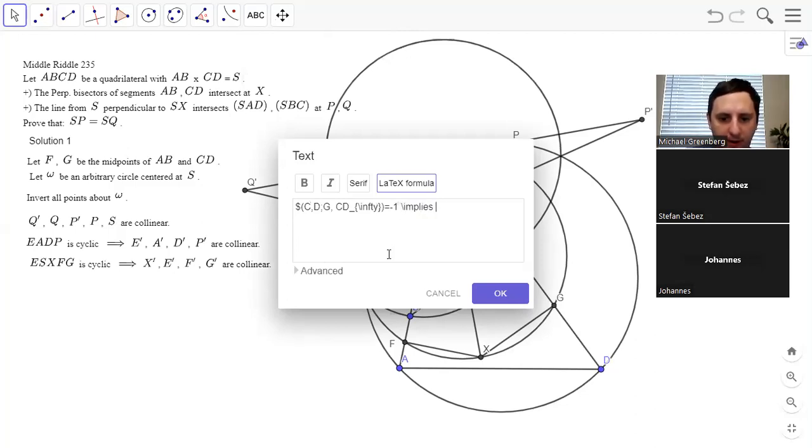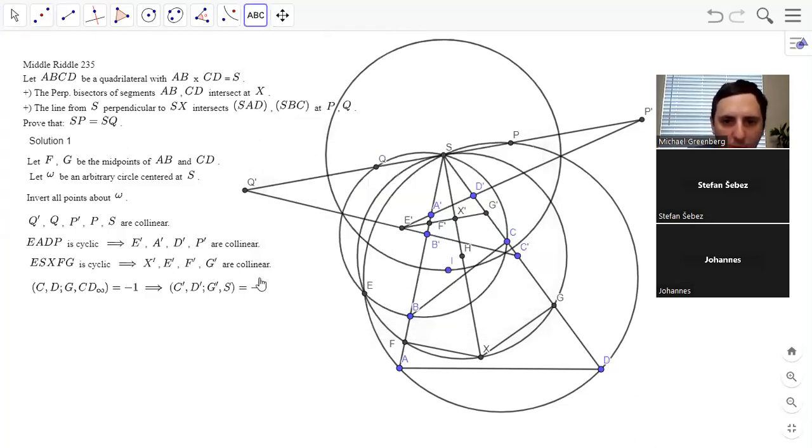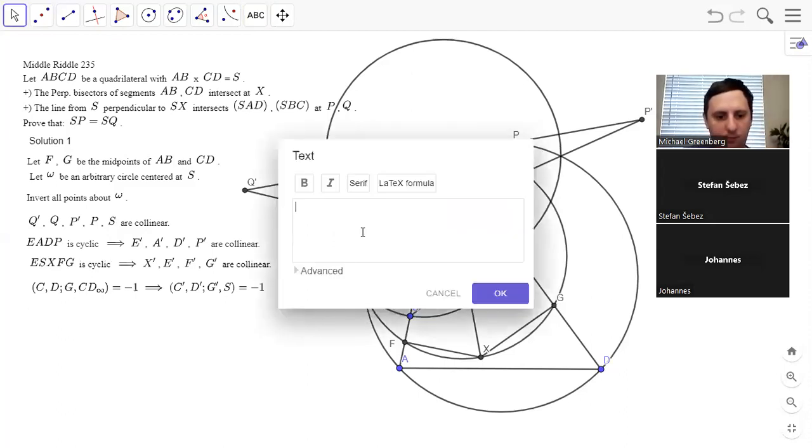That means that C prime, D prime, G prime, S is harmonic. And then projecting through E prime onto P prime Q prime, it goes down to PQ.